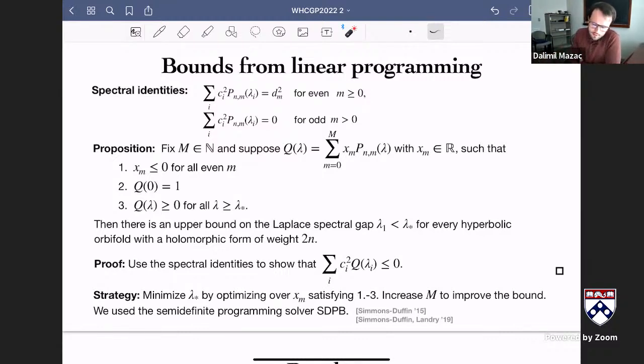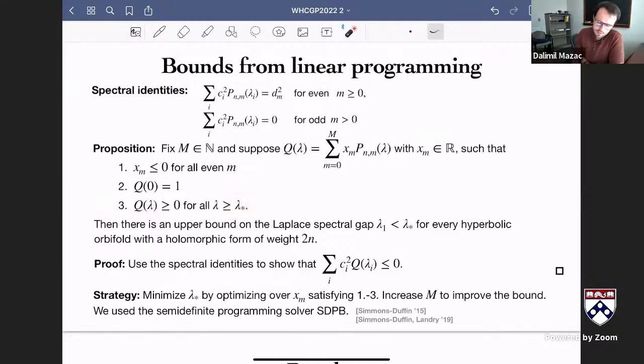And let's consider some linear combination of these polynomials with coefficients xm. And let's impose some constraints on these coefficients. So first, we want them to be non-positive for even m. Then we want to normalize it such that q of 0 is 1. And finally, we want it to be non-negative above some lambda star.